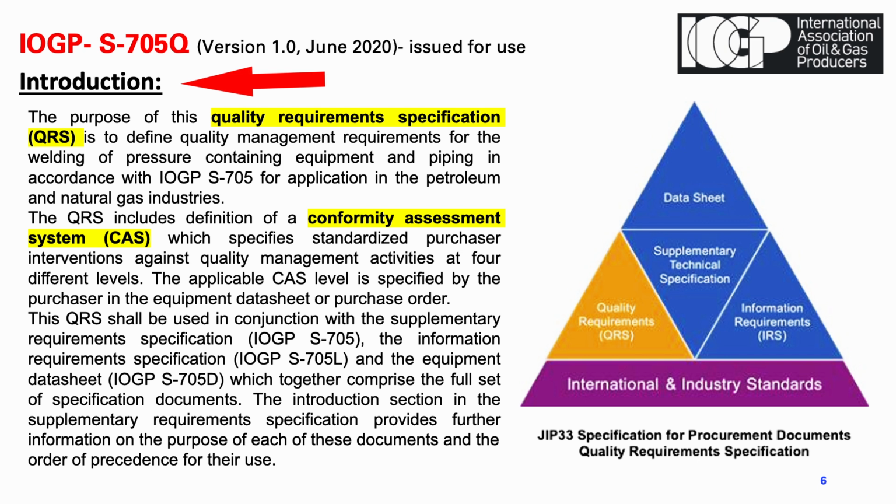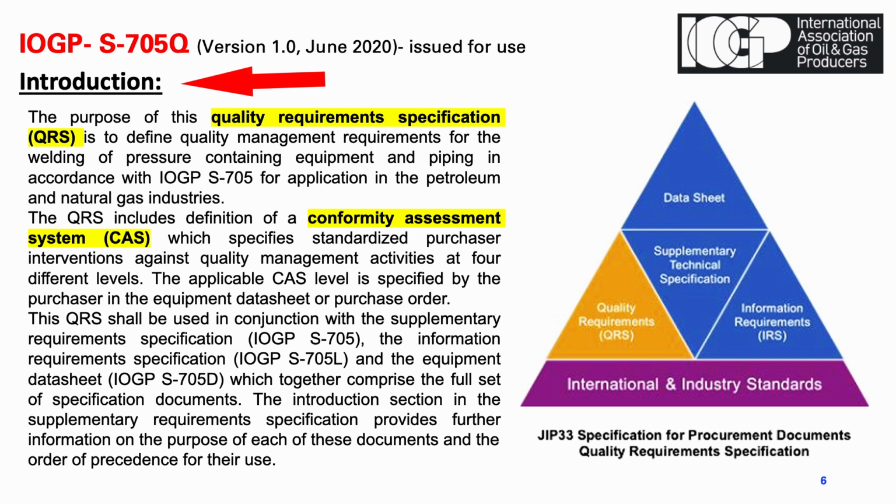The QRS shall be used in conjunction with the supplementary requirements specification IOGP S705, the information requirement specification which is S705L, and the equipment data sheet S705D, which together comprise the full set of specification documents. The introduction section in the supplementary requirement specification provides further information on the purpose of each of these documents and the order of precedence for their use.